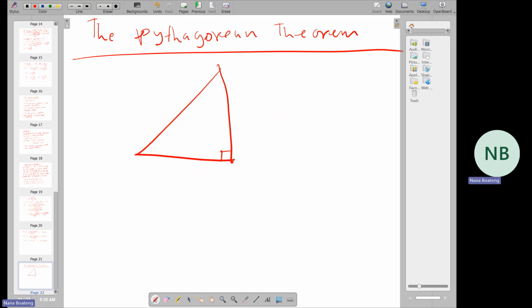A right angle triangle is a triangle that has 90 degrees on one side. So we have this side as A, this side as B, and this side as C. We call this side small c, this side small b, and this side small a. These are the legs, and this is also a leg of the triangle, and this is the hypotenuse.